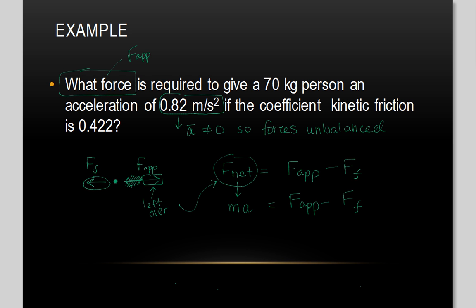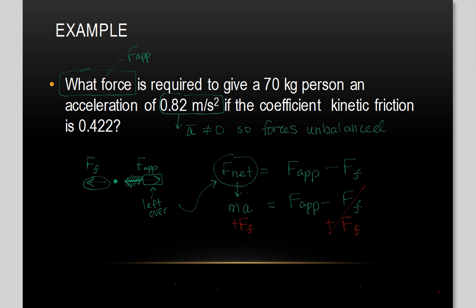Did you have to look back in the question? What are we solving for? Force applied. How do you isolate for the term force applied? What's the opposite of minus FF? Plus FF. So we add FF on both sides.